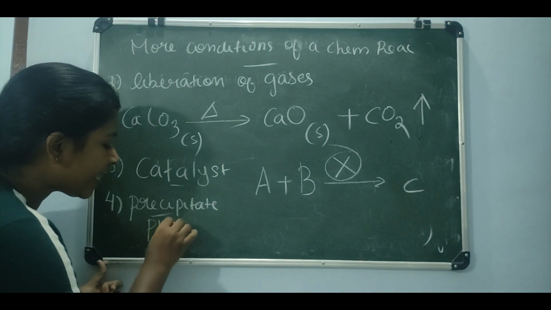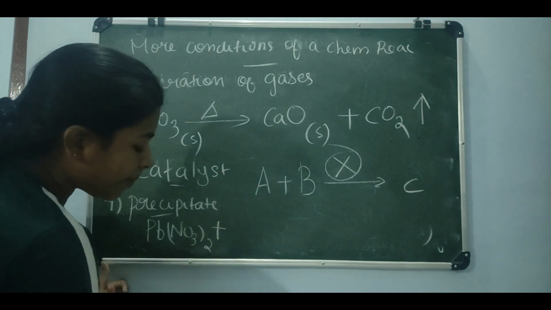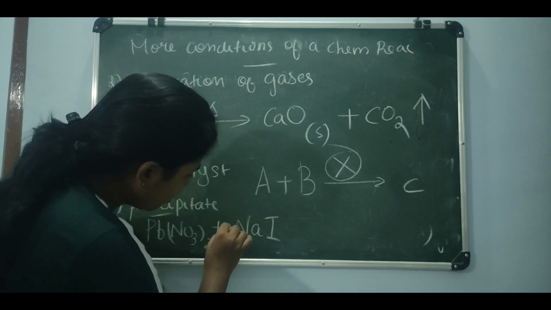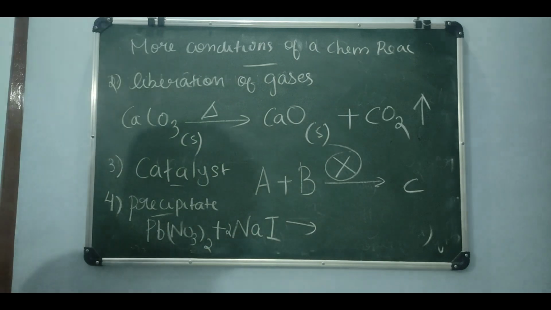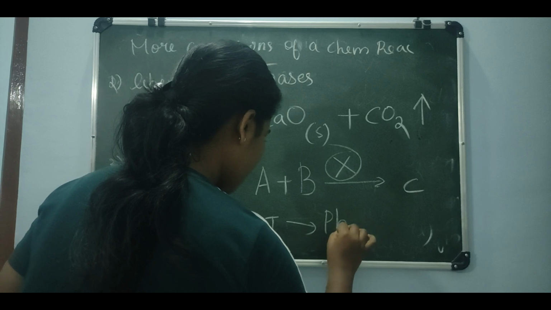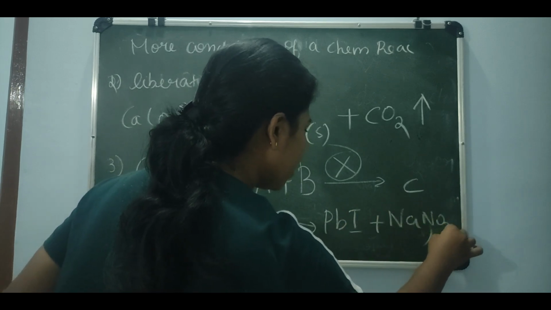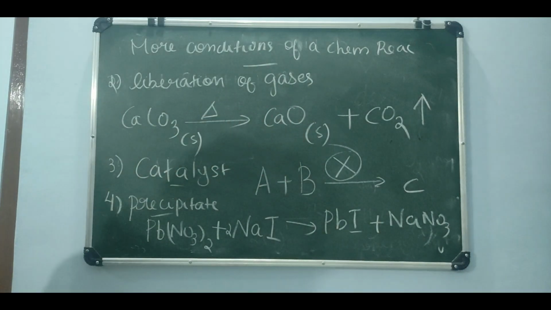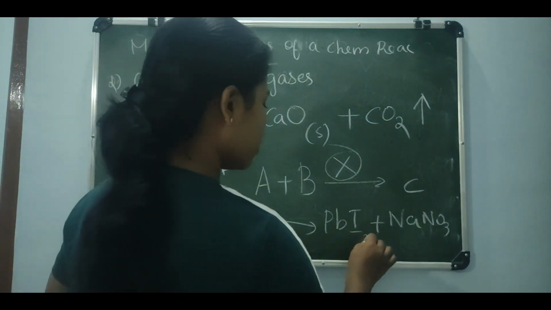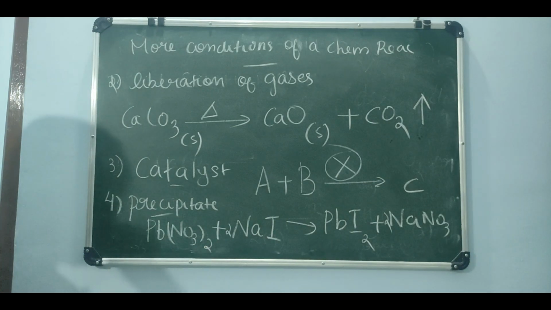Let lead nitrate is combining with sodium iodide, and we are getting sodium nitrate and lead iodide. Okay, let this be the reaction.